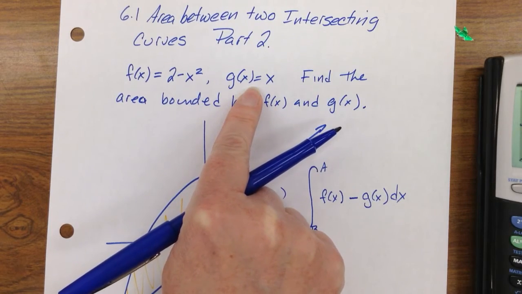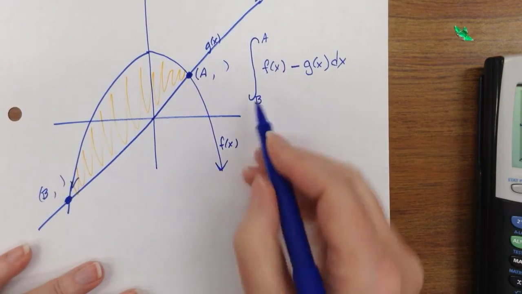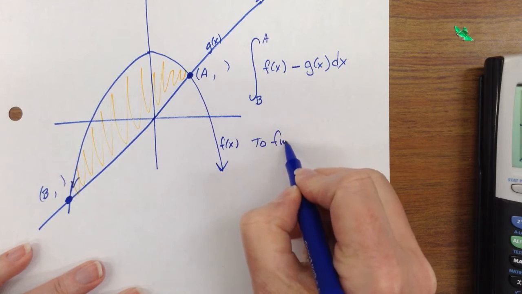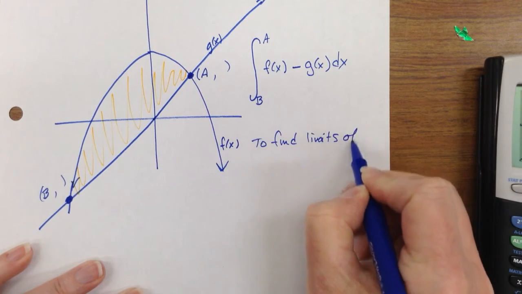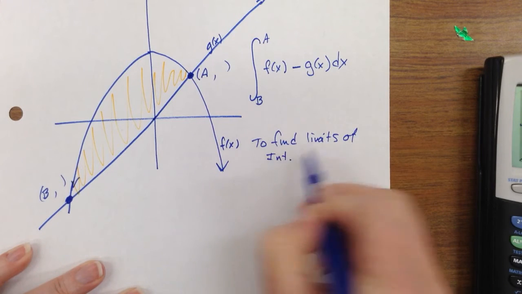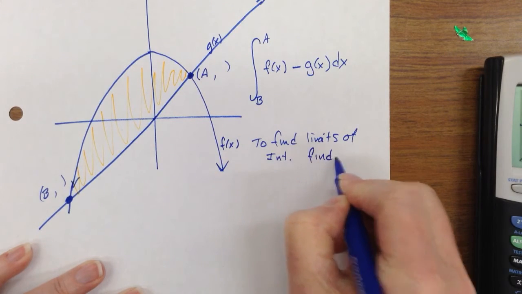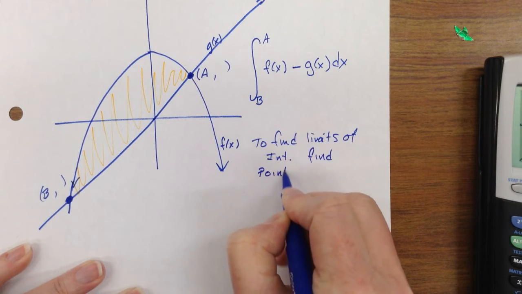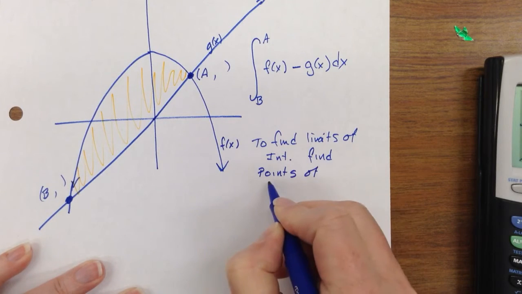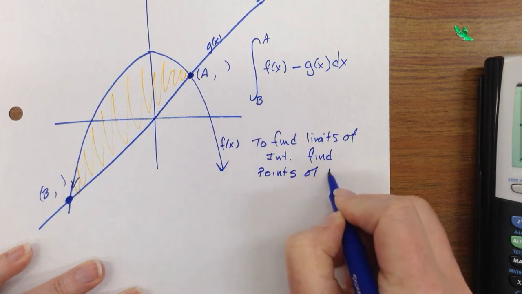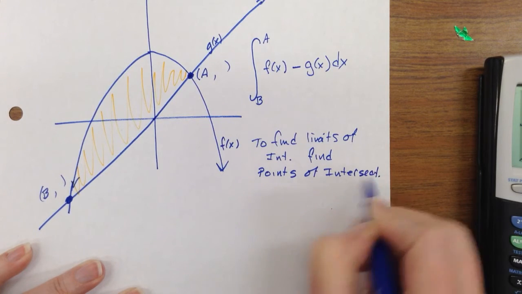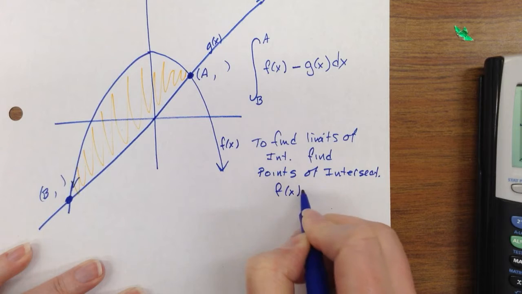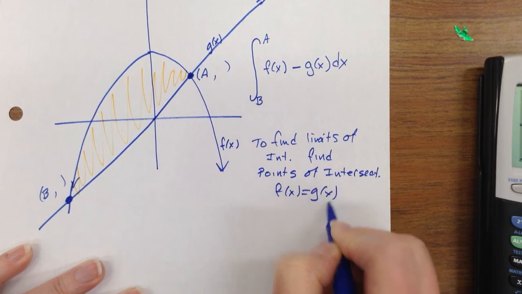So I'm going to set them equal. To find the limits of integration, we need to find the x coordinates of the points of intersection, and we do that by setting f equal to g.